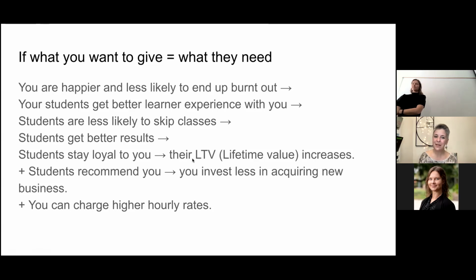Also, they stay loyal to you because they get better results with you, and they are also happy to see you happy, which increases their lifetime value. So this is basically the money that they will have paid you throughout your collaboration, in the long run.